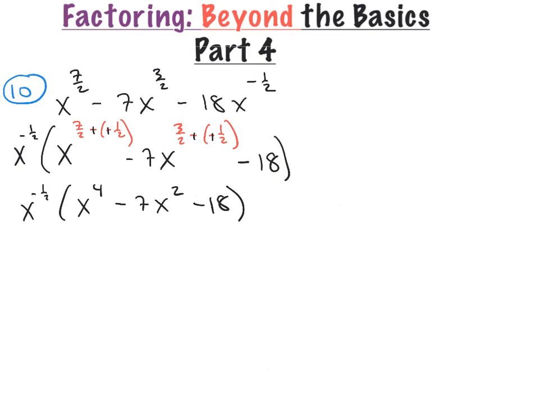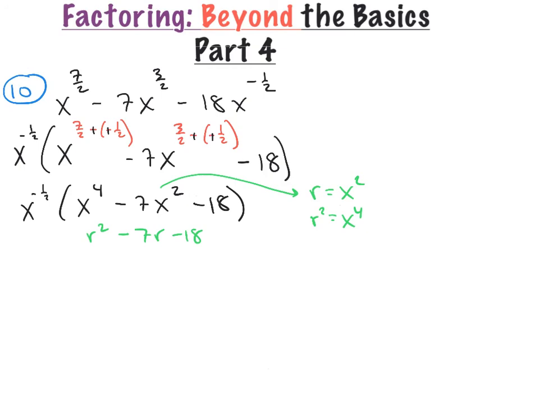Cool. Furthermore, we have quadratic in form, so I'll show the substitution. r is x squared. If you don't want to write in what I have in green here, r is equal to x squared, so r squared is x to the 4th, making this r squared minus 7r minus 18 instead.